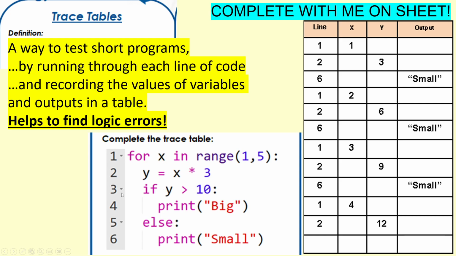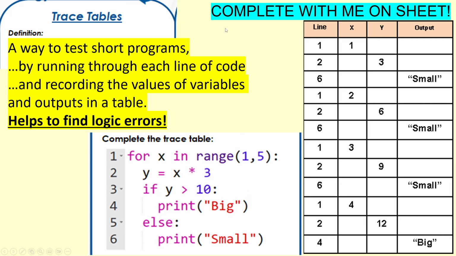Oh, look, on line 3, if y is bigger than 10, y is now bigger than 10. So we go line 4 and print big. And because the loop is 1 to 5, remember we stop when we get to 5, so the loop then finishes. So essentially we've gone small, small, small, and it's gone over 12, and then it's printed out big.